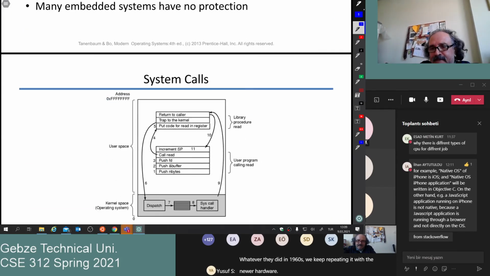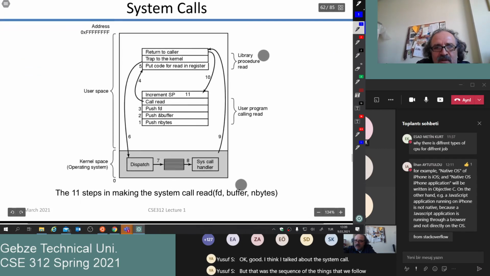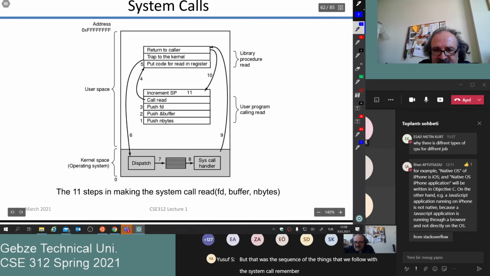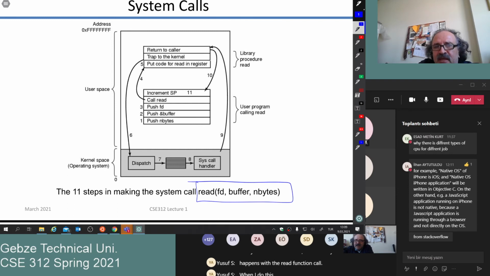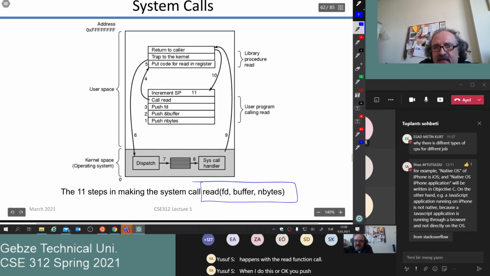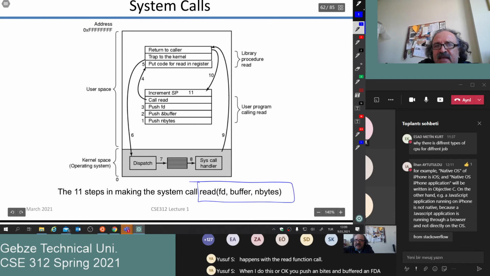Okay, good. I think I talked about the system call, the sequence of things that we follow with the system call. Remember, this is the system call that happens with the read function call. When I do this, you push n bytes, buffer and FD to the stack, and you call your library function read.